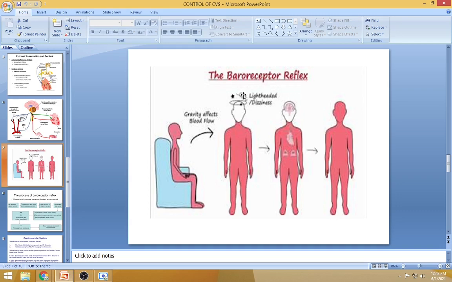It would correct the pressure and ensure that the blood is distributed to the upper part of the body, which is affected by gravity.